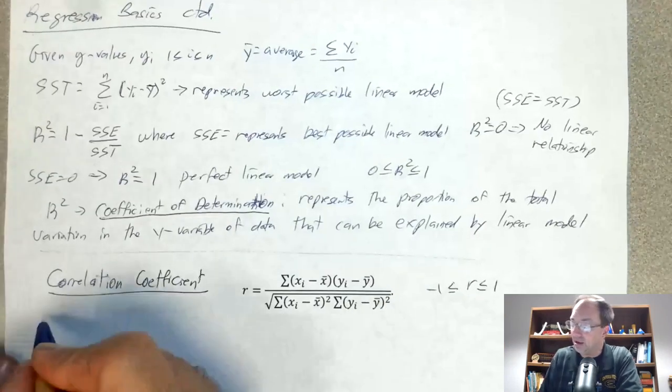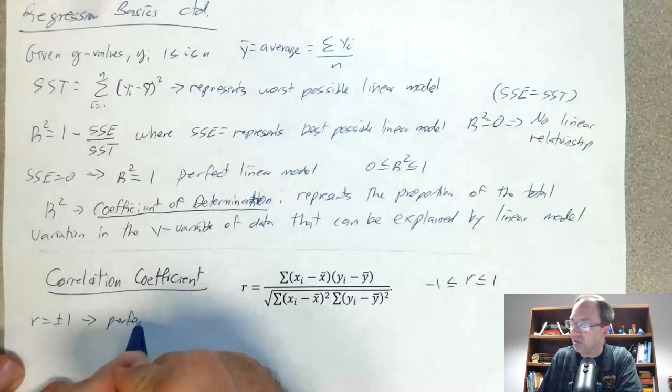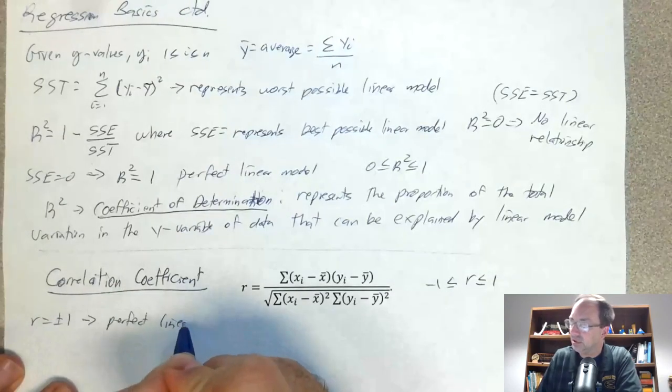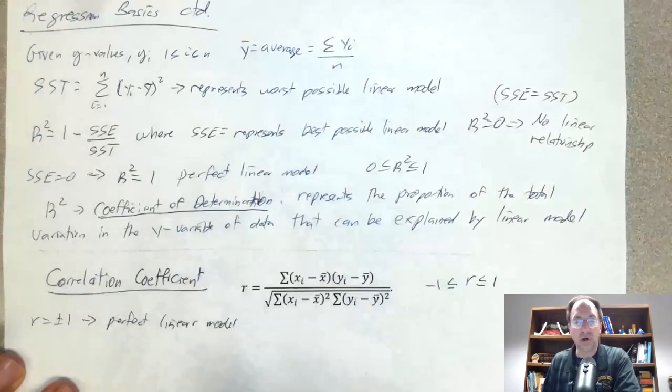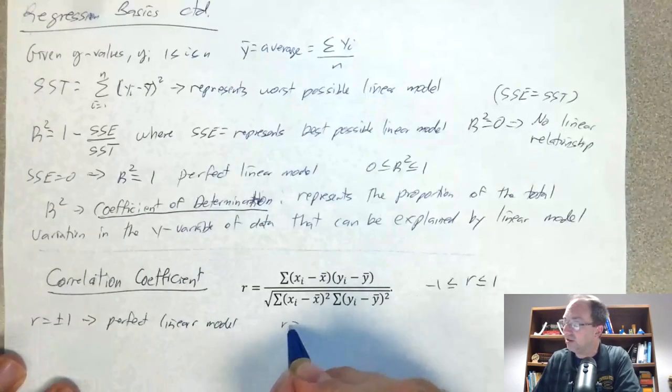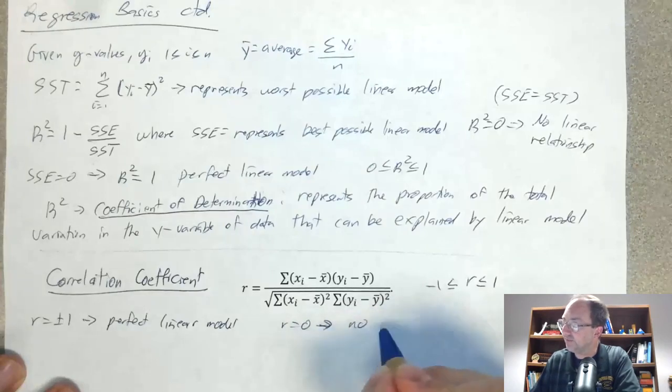And again, if r equals plus or minus 1, that corresponds to a perfect linear model. So that's similar to our capital R. And if r is equal to 0, then that represents no linear relationship.